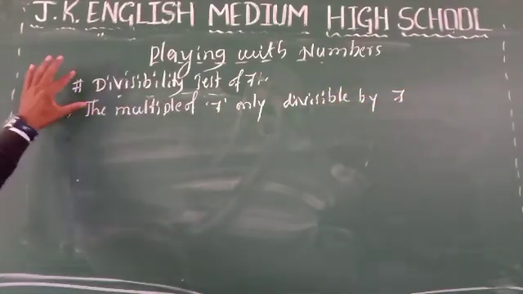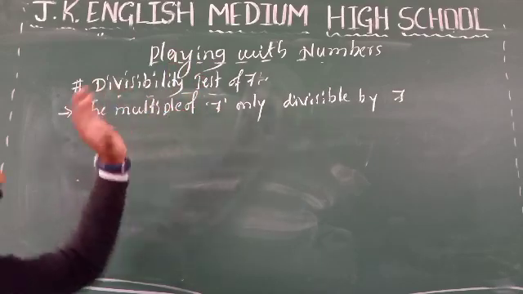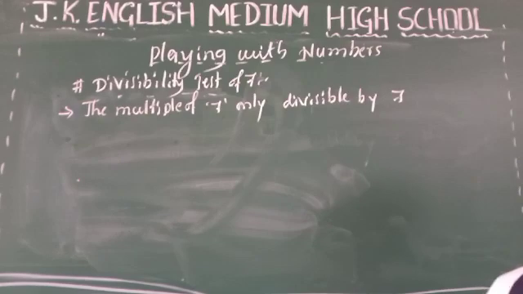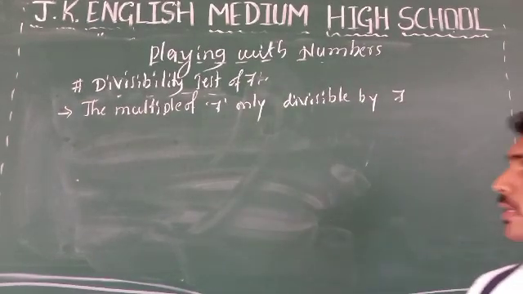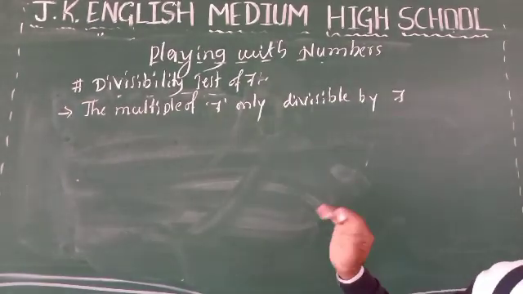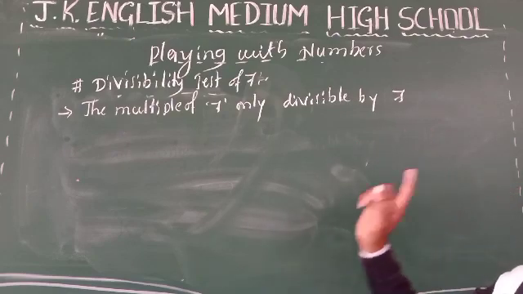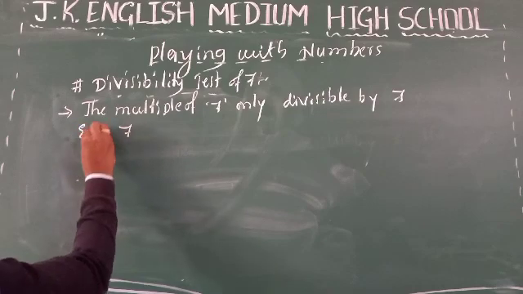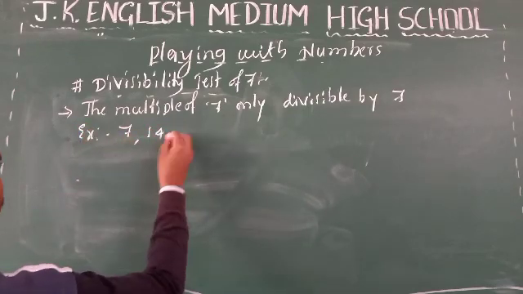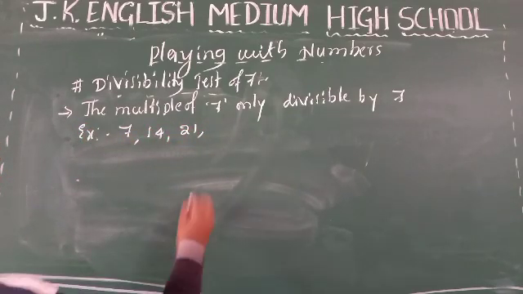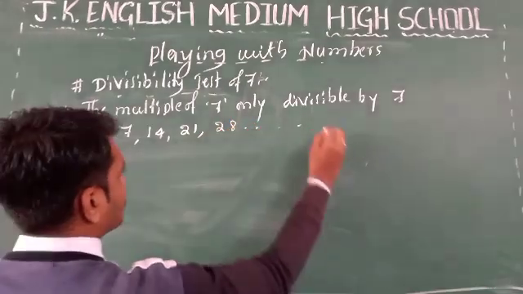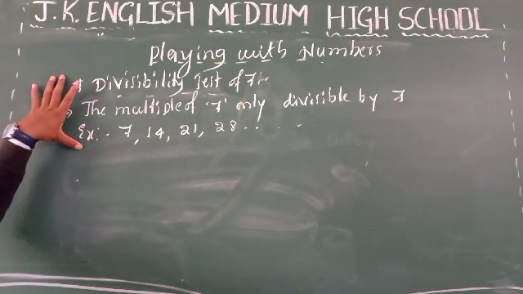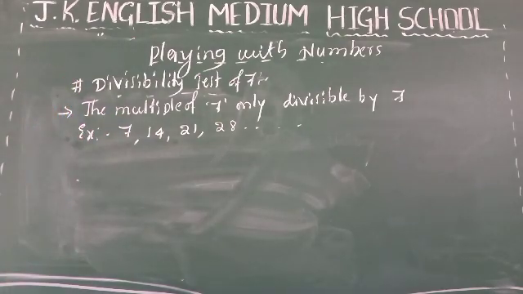For the test of 7 there is no particular rule, like number 2, number 3 and number 4. How will you take the rule? The multiples of 7 only are divisible by 7. For example, 7 ones are 7, 7 twos are 14, 7 threes are 21, 7 fours are 28, etc. These type of numbers are divisible by what? 7.